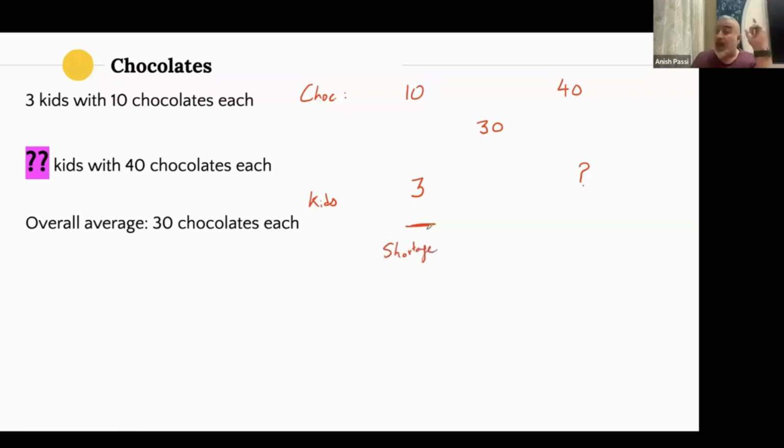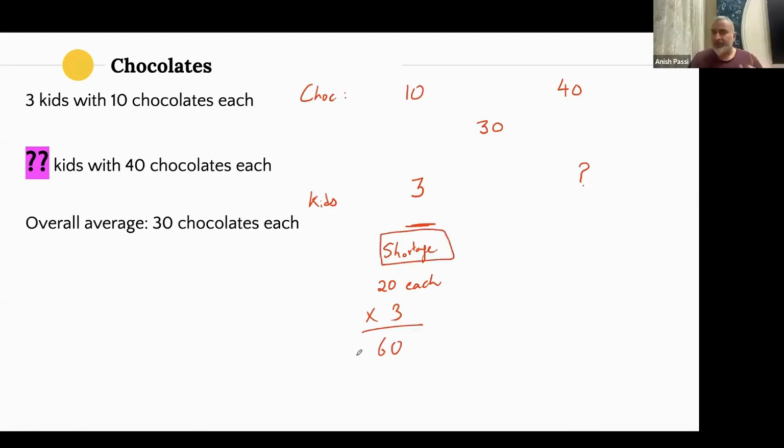How much is the shortage? Remember, after the chocolates are evenly split, everyone should end up with 30, 30, 30. So these 3 kids on the left have a shortage. Each kid has a shortage of 20. And there are 3 such kids. So overall, the shortage on this side is 60 chocolates.